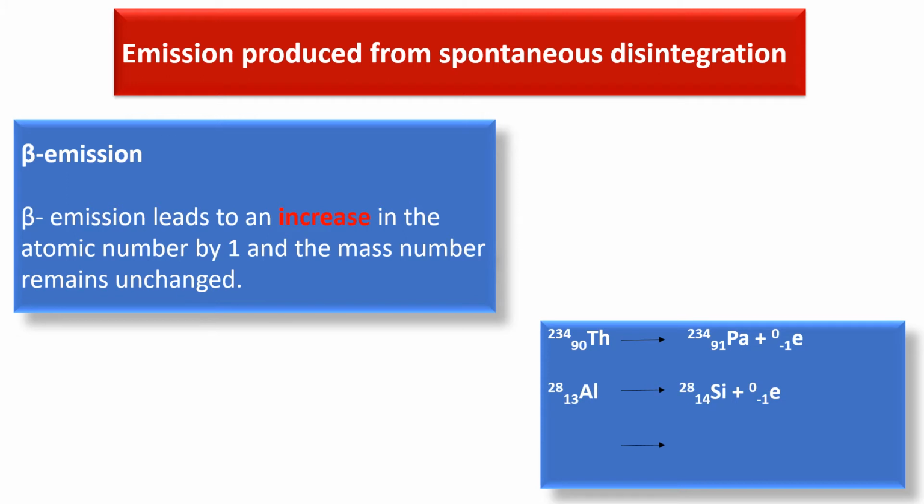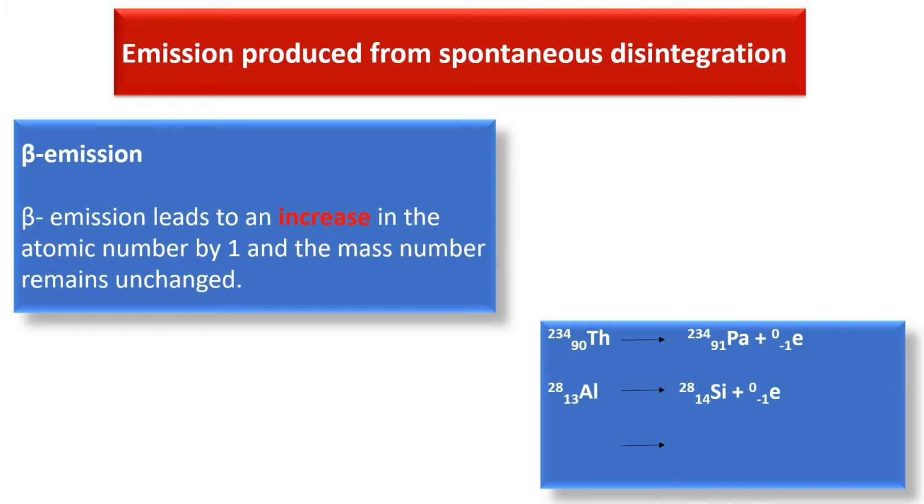Another example is aluminium with mass number of 28 and atomic number of 13, producing another atom with mass number of 28 and atomic number of 14. So we can see here that the mass number does not change, but the atomic number has increased from 13 to 14.